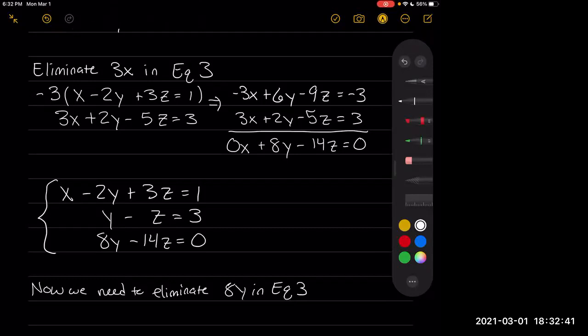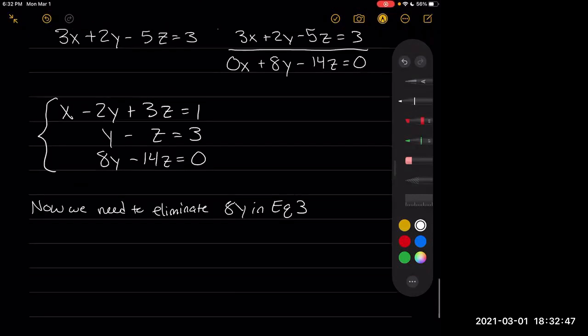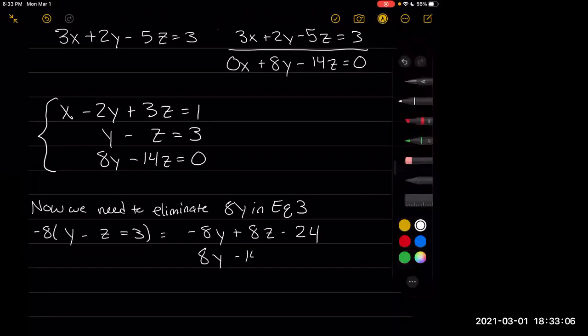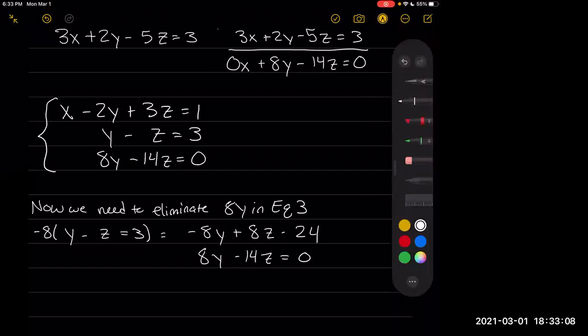Okay, so to do this, it's going to be very similar. We're going to multiply the second row by negative 8. And then that will give us a negative 8y plus 8z equals negative 24. And then we're going to write our third row, 8y minus 14z equals 0, and we're going to add them together.